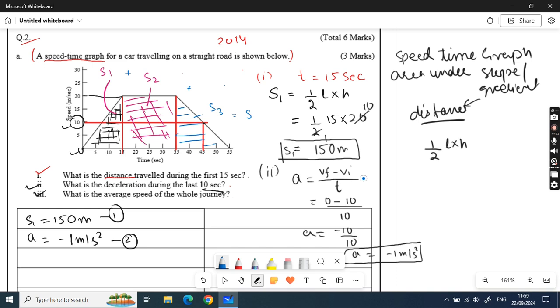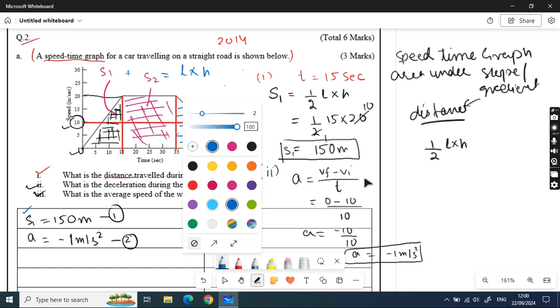S1 we already found in the first part. So we need to find S2. The S2 shape looks like a square or rectangle. What is the formula for a rectangle? Length into breadth, or length into height. Simple. So we put the values here.